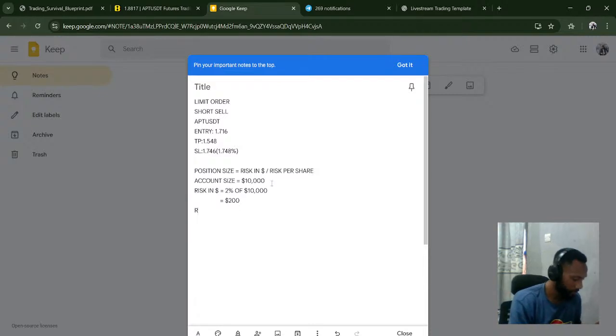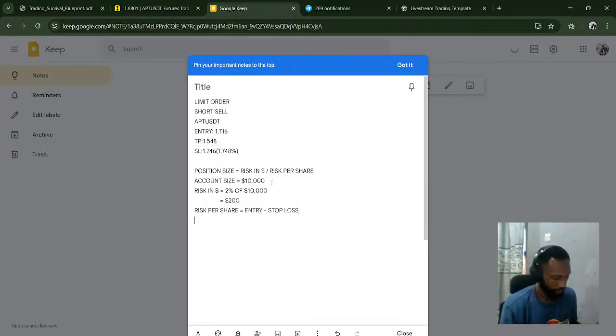Risk per share equals entry minus stop loss.